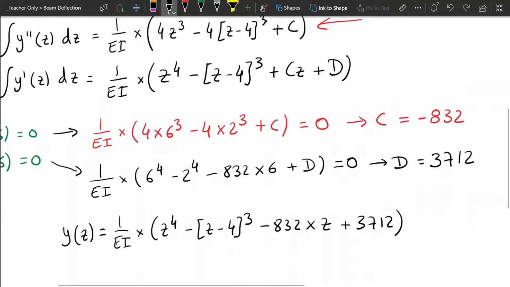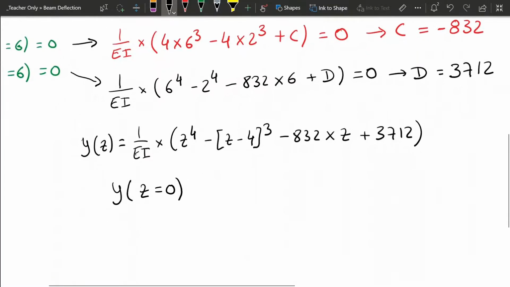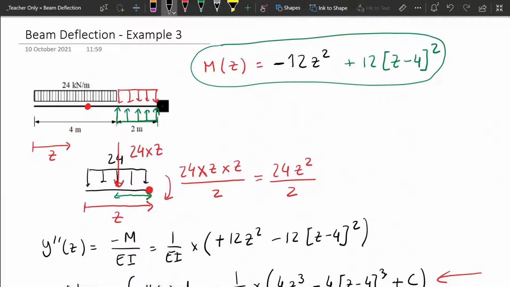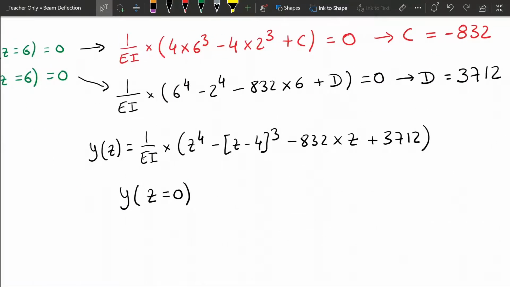And here, if you're interested in the deflection when z equals 0, similar to the previous exercises, the maximum deflection in this problem is always at the tip. So when z equals 0, all of this simplifies except the 3712, and the 1 over EI stays there as well.